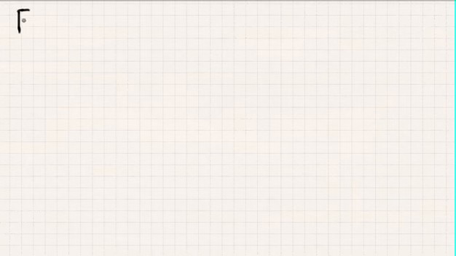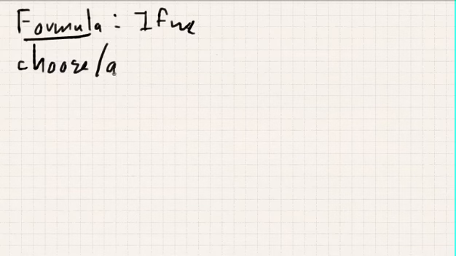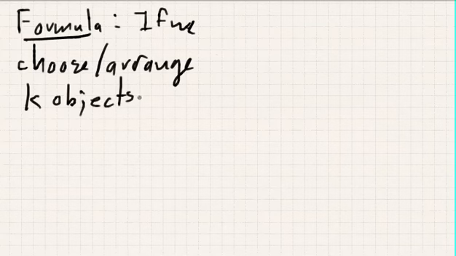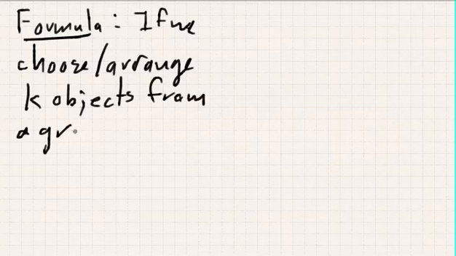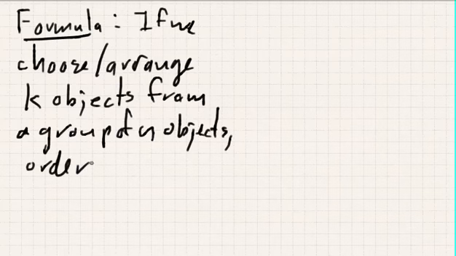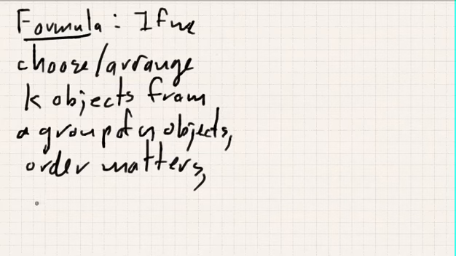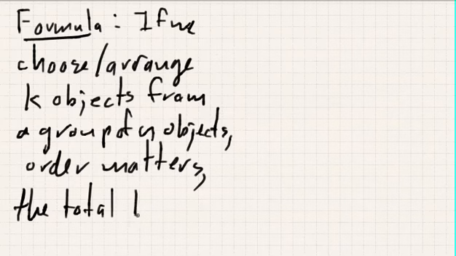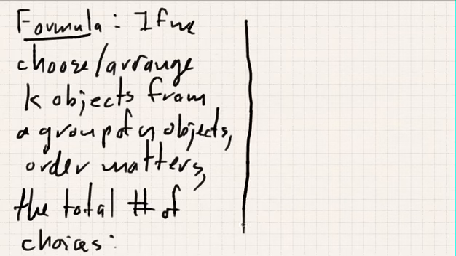Okay, so here's our formula. If we choose or arrange, I'm going to use the letter K, K objects from a group of N total objects, and if the order that we choose or arrange them matters, the total number of ways of making all the choices, or the arrangements, is given by N P K. That's the notation the book uses.